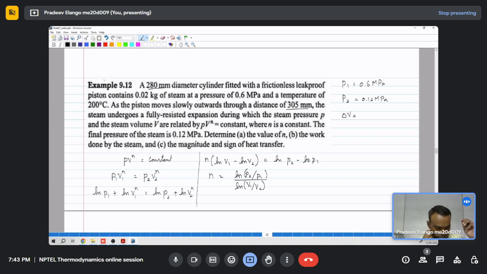So that is pi by 4 d square into x, or L, the length by which it has moved.